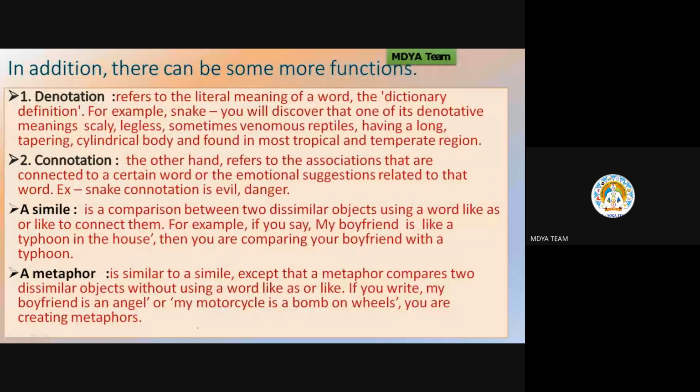Then these are some more functions of communication. Denotation.